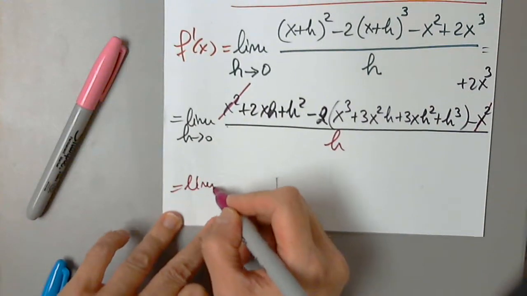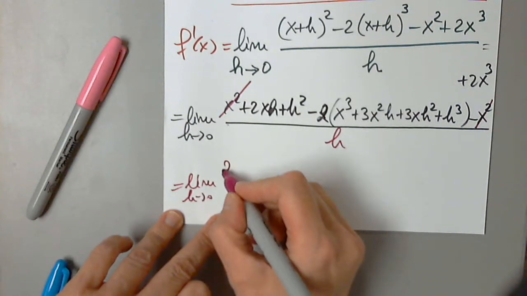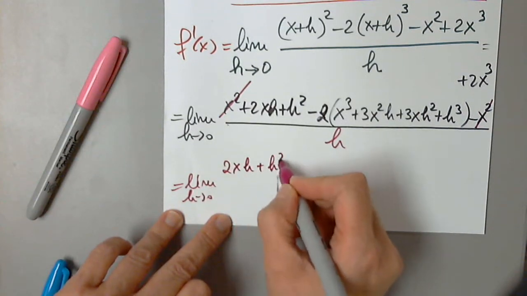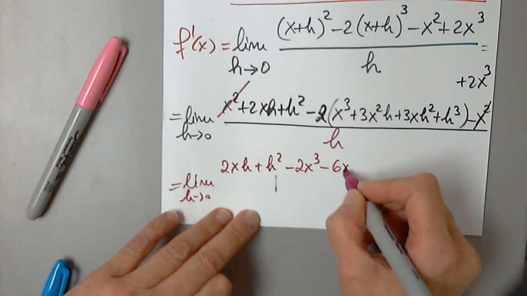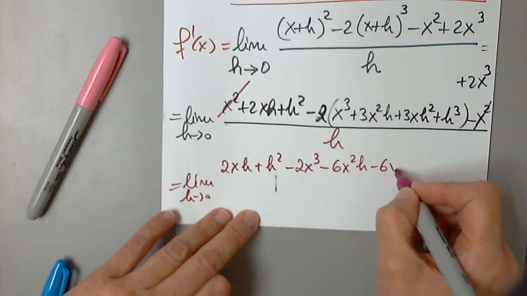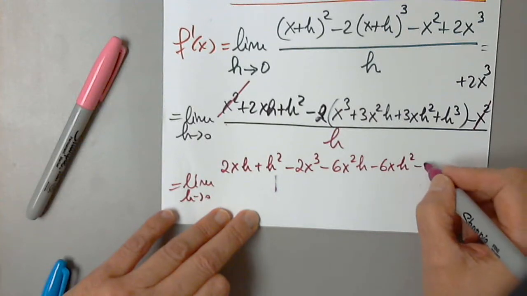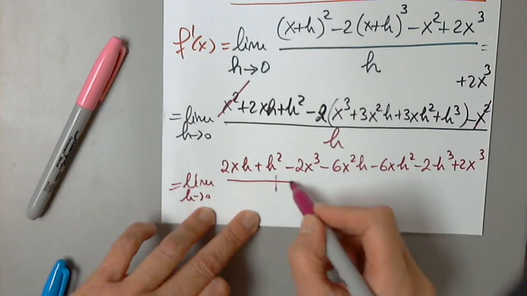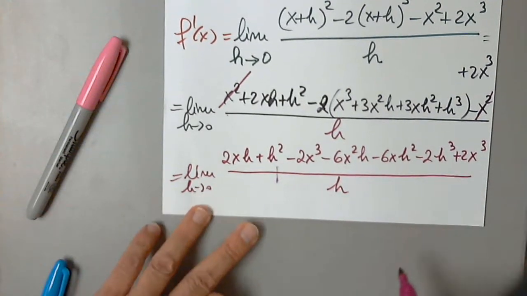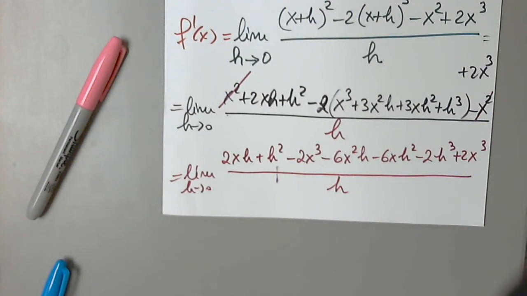And then limit as h approaches 0, 2xh plus h squared minus 2x cubed minus 6x squared h minus 6xh squared minus 2h cubed and plus 2x cubed, everything over h. Whoever chose this problem will not choose for the next, no, I'm kidding.